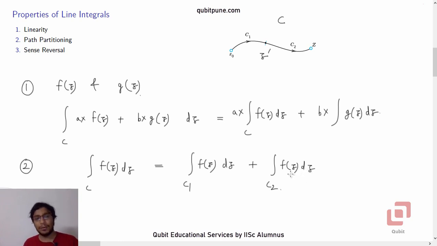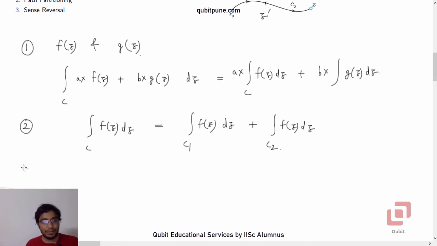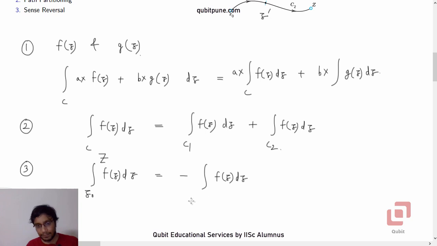This is the path partitioning property, and the sense reversal property is also very straightforward. Suppose you are integrating f of z dz along curve C from z0 to z. This will be equal to the negative of the same integral along the same curve, but with the direction of integration reversed.